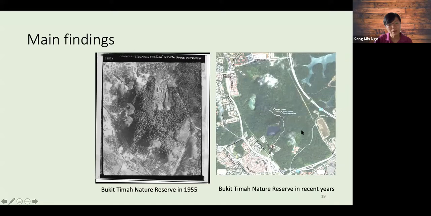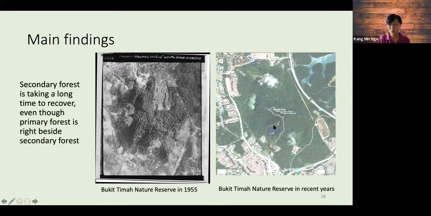But from our studies in the secondary forest plot, even though these trees grew, it still takes a long time for them to recover, even though there's primary forest right in the core of Bukit Timah Nature Reserve.